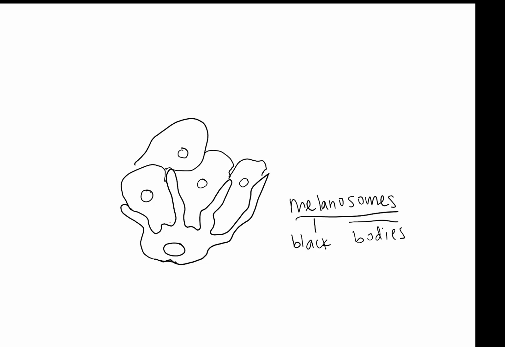What happens is the melanosomes get transported up, up, up, and they enter the keratinocytes. So what the keratinocyte is going to do is position the melanosomes on the side of its nucleus that faces UV radiation.